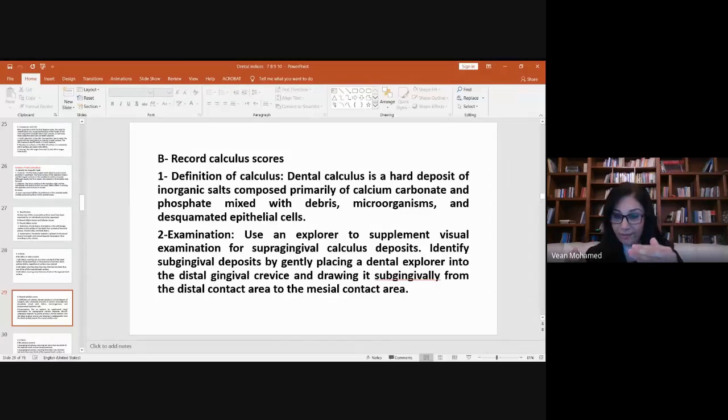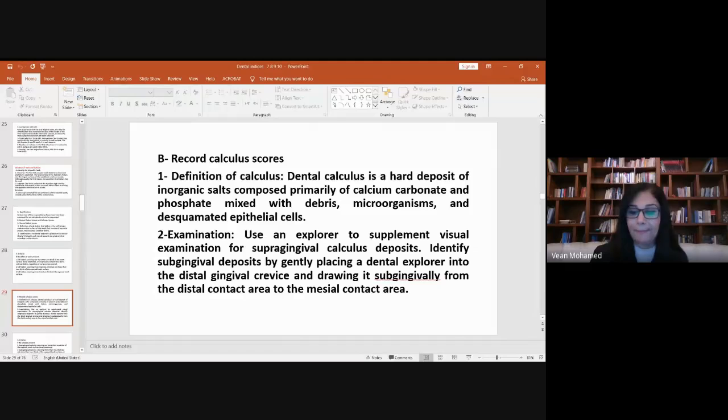For supragingival, we can see it, so visual examination. For subgingival deposit, we use the explorer gently from distal to mesial, from the far side to the near side, from the distal contact area to the mesial contact area subgingivally. Because supragingival calculus is very clear, there is no need to use the explorer.